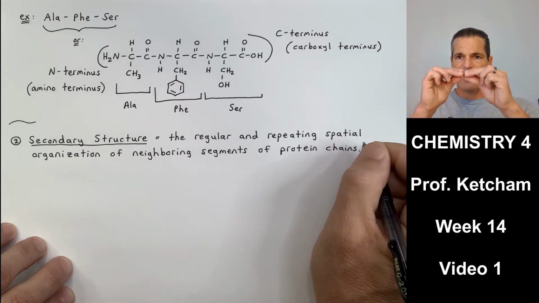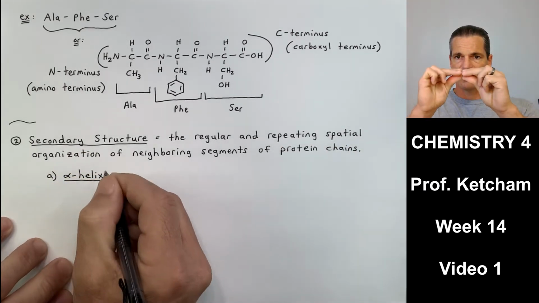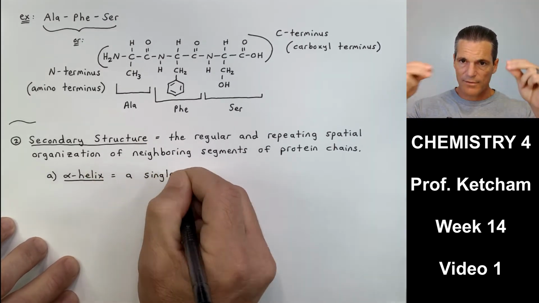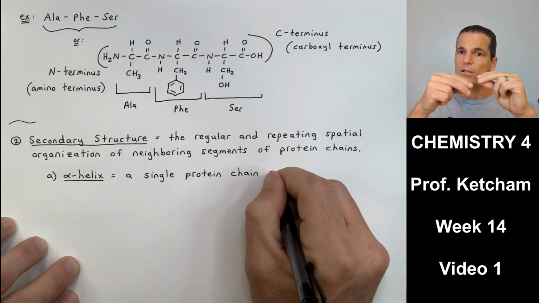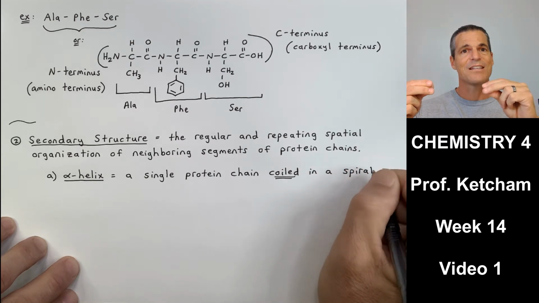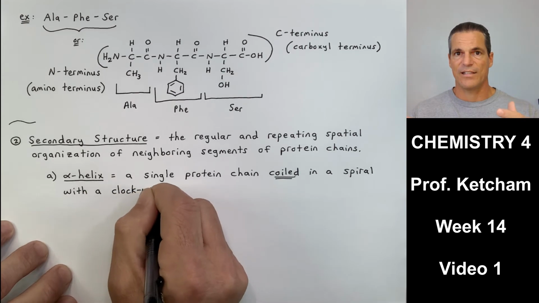So if I have a long amino acid primary structure, just a bunch of amino acids strung together, and if I were to coil it, like a spring, like an alpha helix, the way it coils is referred to as that particular primary structure's secondary structure, referred to as alpha helix.